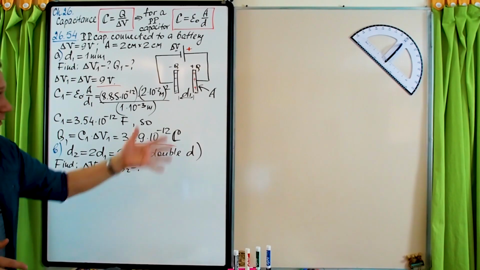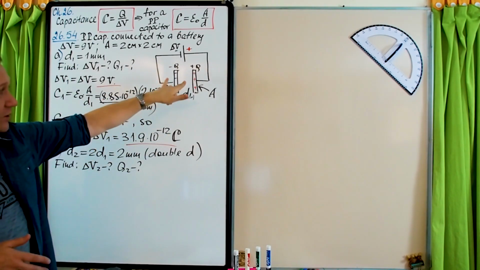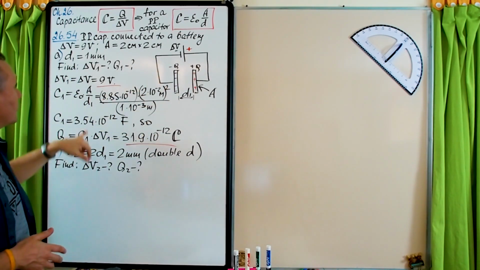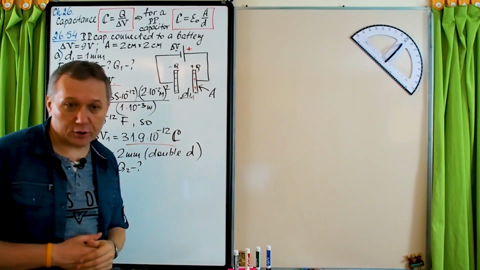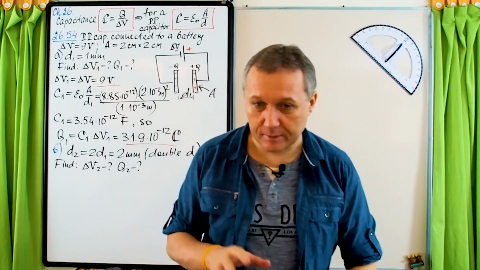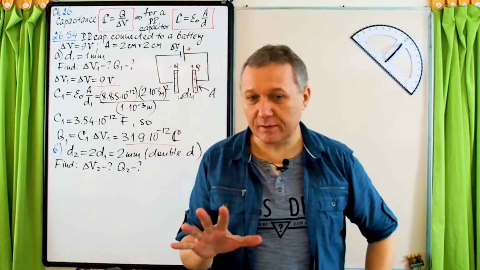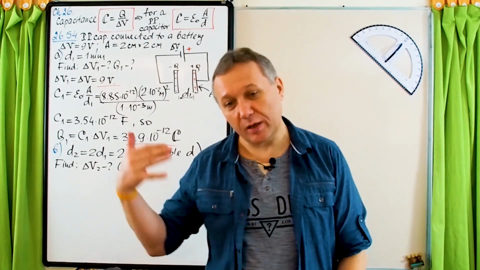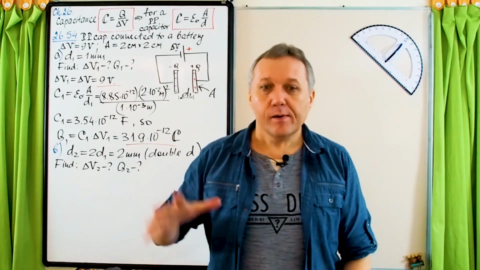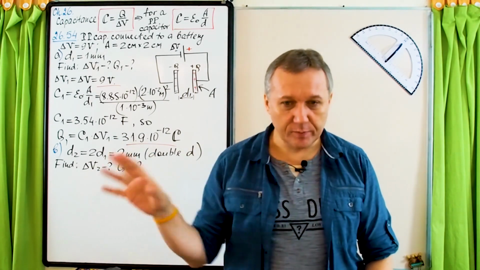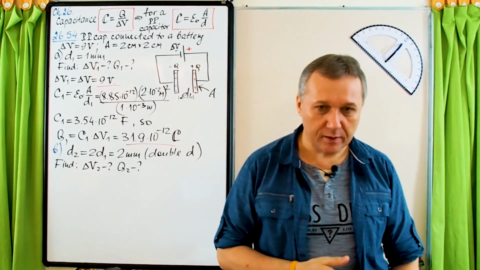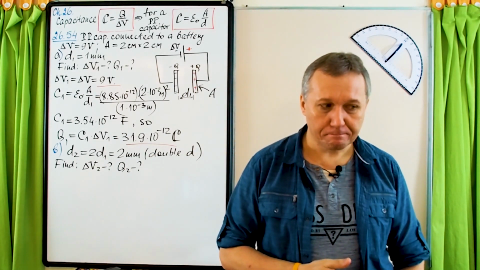So I can give you exactly the same arguments, and the potential difference in the second part will still be equal to 9 volts. So when a capacitor is connected to a battery, potential difference across a capacitor will be equal to the potential difference across a battery.